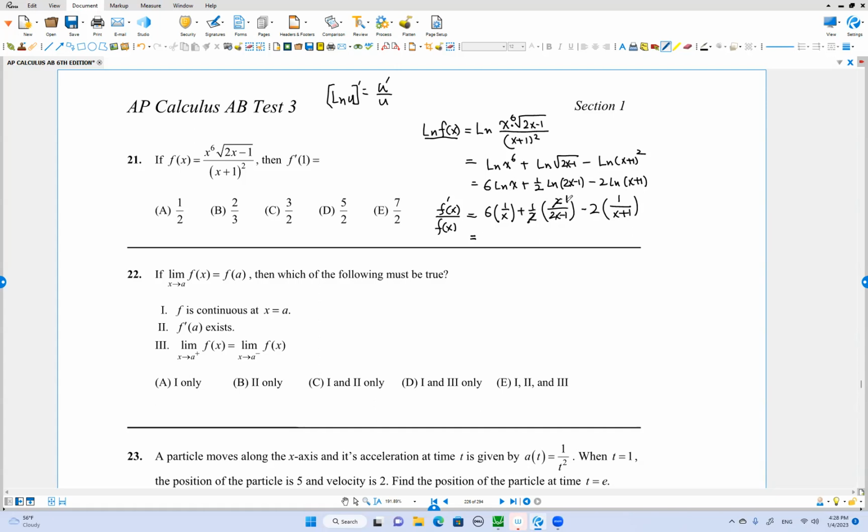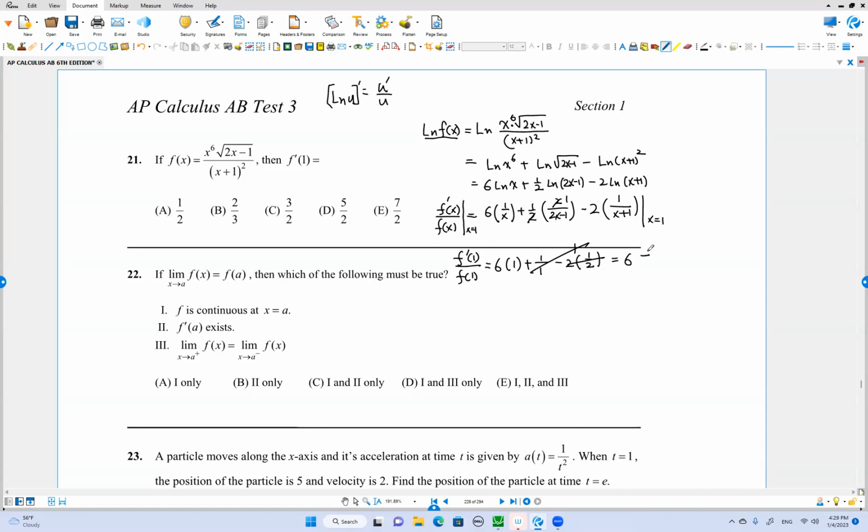Now put x equals 1 there. So we're going to find f prime of 1. f prime of 1 over f of 1 equals 6 times 1, plus 1 over 2 times 2 over 1, minus 2 over 2, right? 2 minus 1 is 1, and the minus 2 over 2 is 1. So that equals 6. f prime of 1 over f of 1 equals 6.